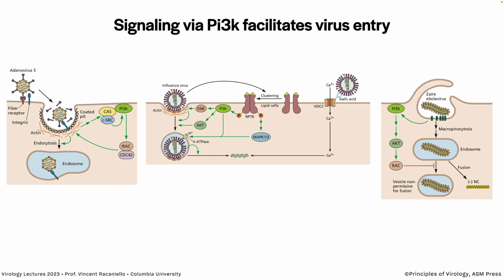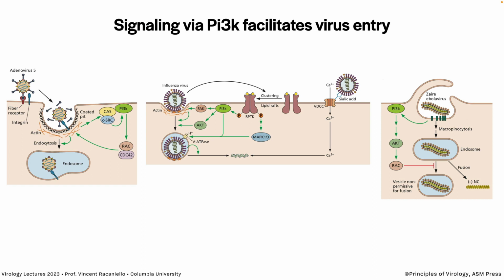So here are 3 examples of how signaling via PI3 kinase, phosphoinositide 3-kinase, it's a very active kinase in the cell that is involved in a lot of signaling pathways, typically downstream of some receptor interaction. So first on the left, we have adenovirus binding to a receptor on the cell surface, 2 receptors if you recall.